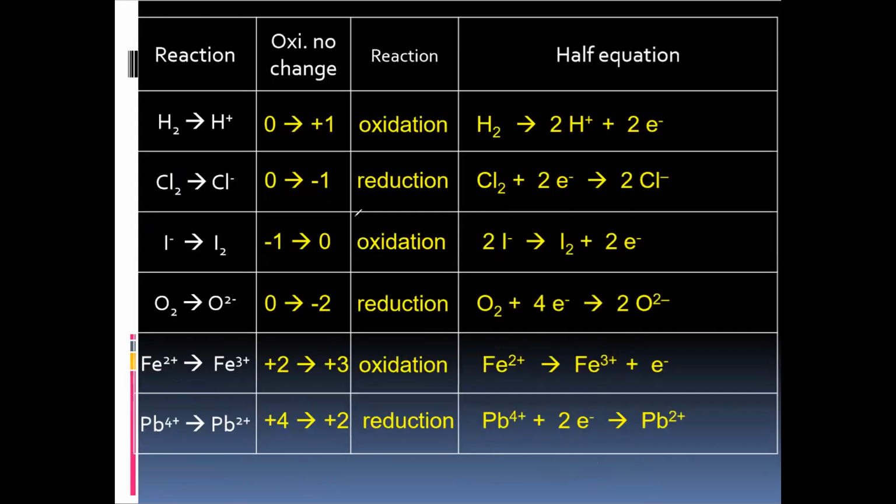All right, so we can still see more. This hydrogen moving from H2 to H plus, irrespective of having H2 here, as long as it's a neutral atom, the oxidation number is going to be 0. And this is H plus, the oxidation number will be plus 1. This reaction is oxidation, of course, moving from 0 to plus 1. And then when I want to write it, this is where the 2 that is here now comes in.